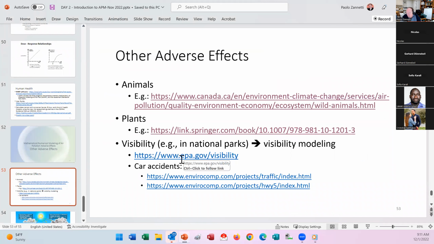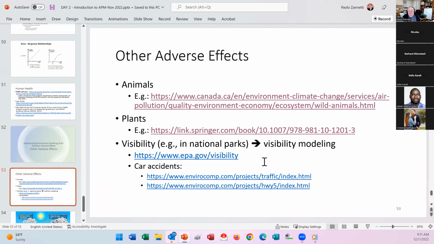Visibility. Visibility is a problem. I showed you a case of a car accident a minute ago, but in general, visibility is an issue because any impairment of visibility is a problem for tourism, for enjoyment of life, enjoyment of what you see outside your home.